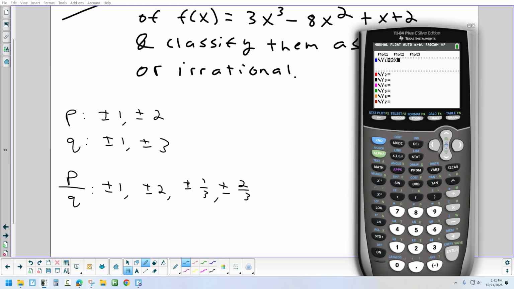So we've got 3x cubed minus 8x squared plus x plus 2. Zoom 6 is plenty because that gives me negative 10 to 10. I only need negative 2 to 2. It's going to be somewhere in there.